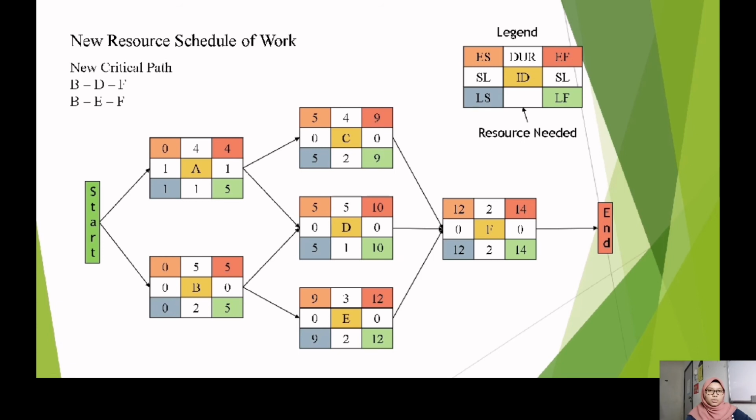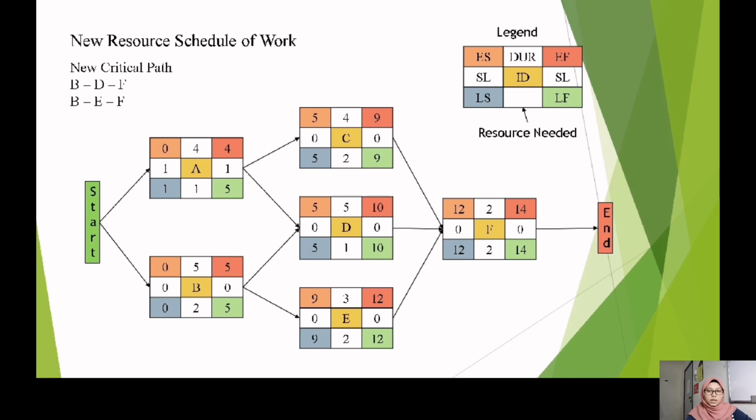Okay, so we carefully add 0 plus 4, which is the duration at A, so it becomes 4, and at B we add 5, and so on until ID F, which is at early start 12, and we add the duration of 2, and it becomes 14. Then we do the backward calculation. We start at 14, minus 2, and we have 12.